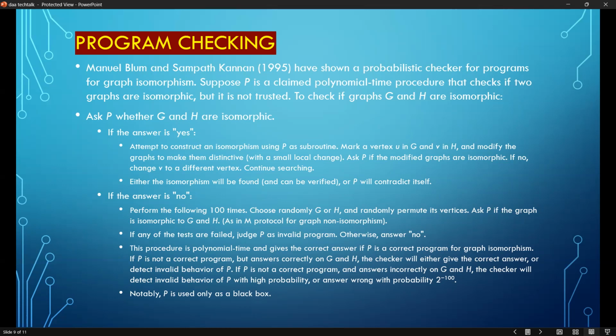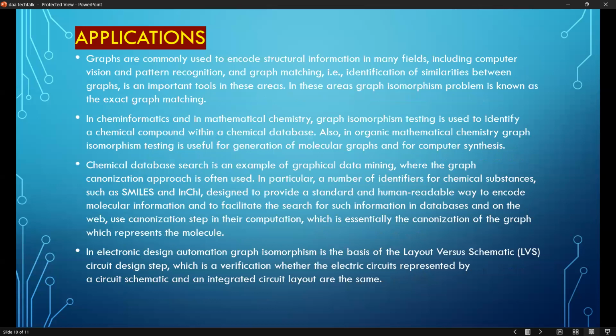If P is not a correct program but answers correctly on G and H, the checker will either give the correct answer or detect invalid behavior of P. If P is not a correct program and answers incorrectly on G and H, the checker will detect invalid behavior of P with high probability, or answer wrong with probability 2 to the power minus 100. Notably, P is only used as a black box.